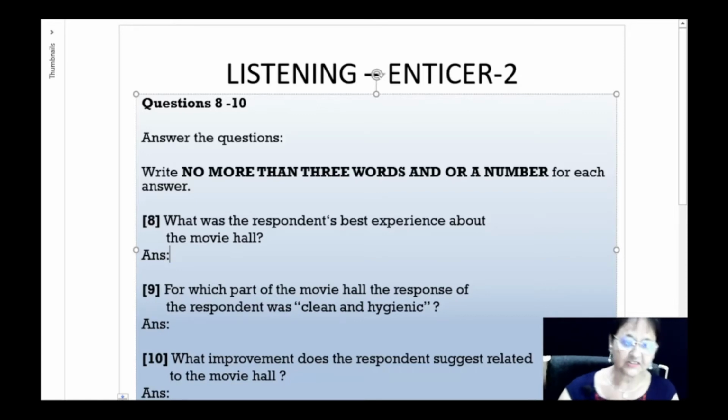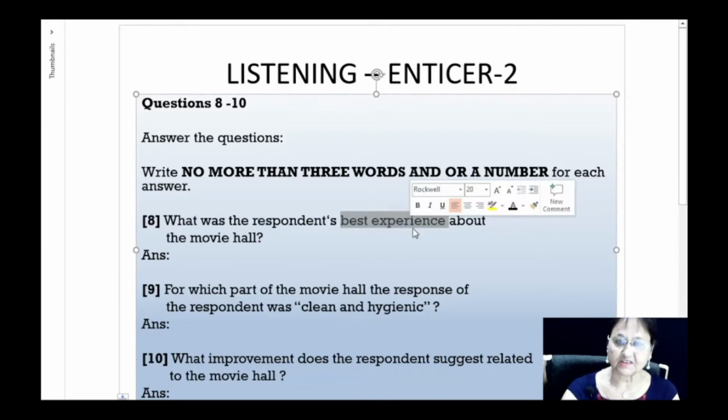Okay, so let us first look at the questions and identify the key word in the question. Now, what was the respondent's best experience about the movie hall? So what do you think is the key word here? Best experience. So you have to listen to the audio, which is her reply to her experience, which was the best.